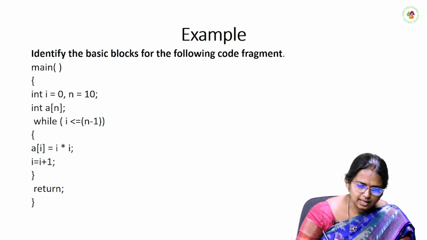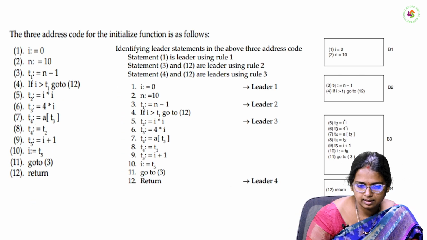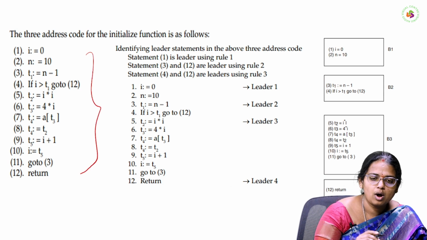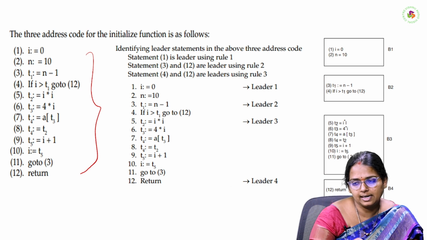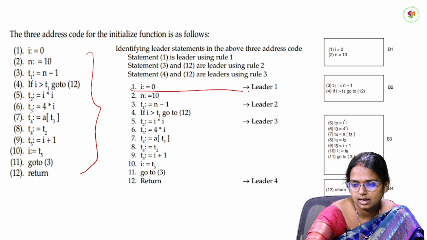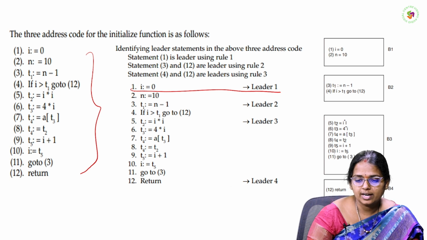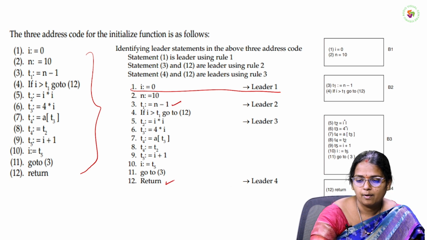For example, here we have one source code, and the resultant three address code is this one. According to the first rule, the first statement is always a leader statement. According to rule 2, statement 3 and statement 12 are leader statements.